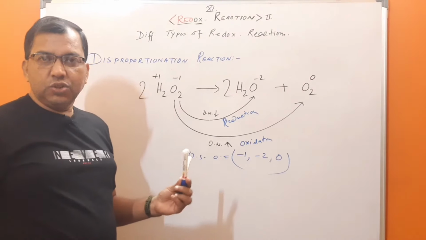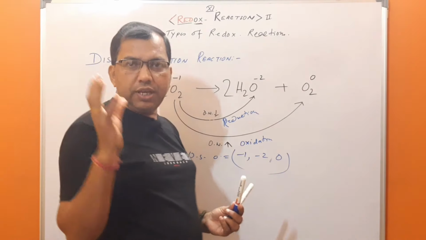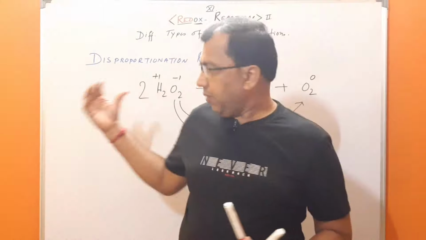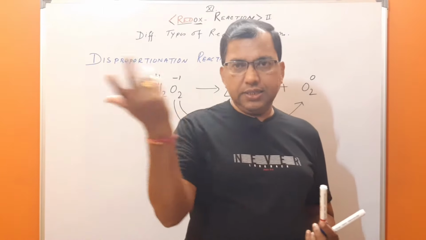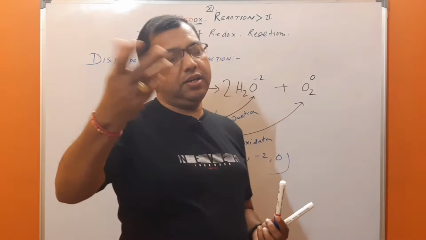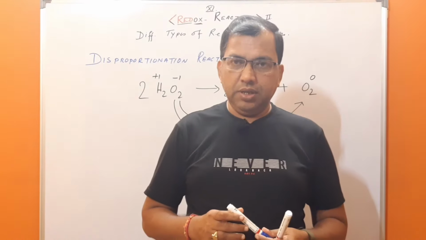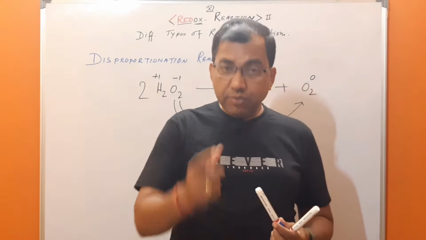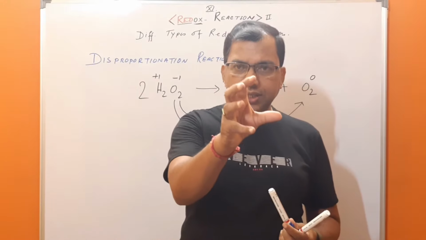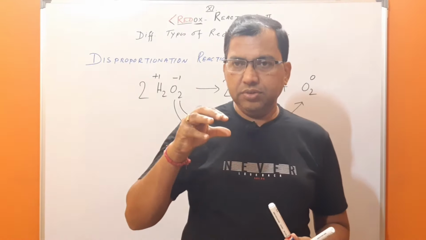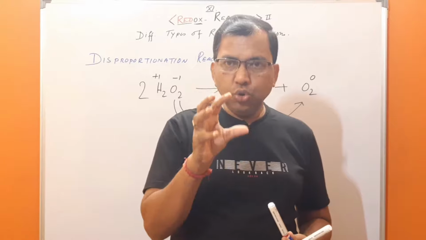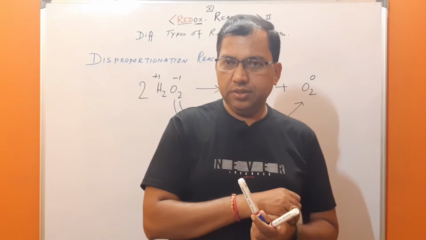Clear? So many examples are there, but there are some exceptions. Among halogens, I have told earlier, fluorine does not show disproportionation reactions.